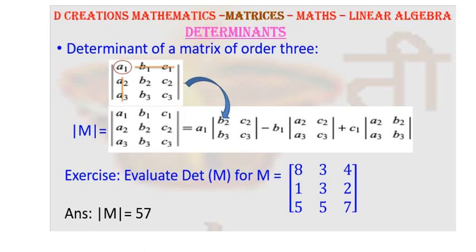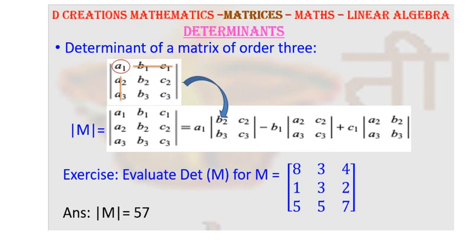Now this is again for your reference, and this is your exercise. A 3 by 3 square matrix has been given to you, 8 3 4 1 3 2 5 5 7. If you are not able to recall immediately how to solve it, use this for reference and find out the answer.